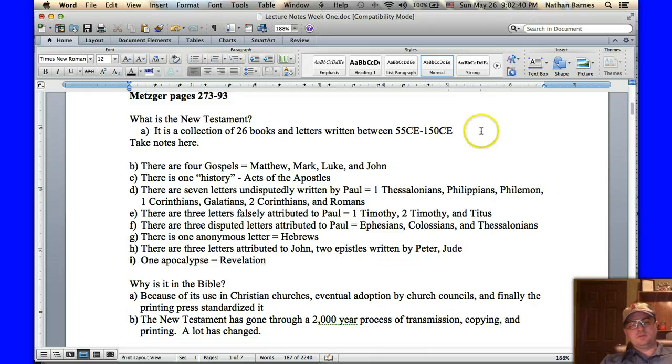So that way you already have the outline. All you need to do is write down what you think is important related to these points, and what you need to remember, because this is also your review for the midterm and your review for the final exam.